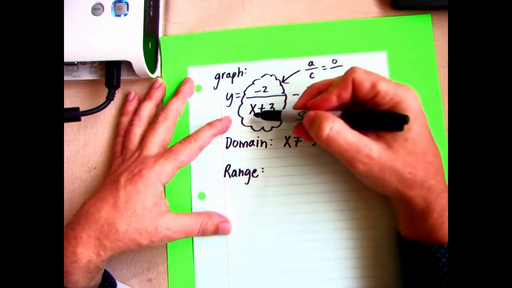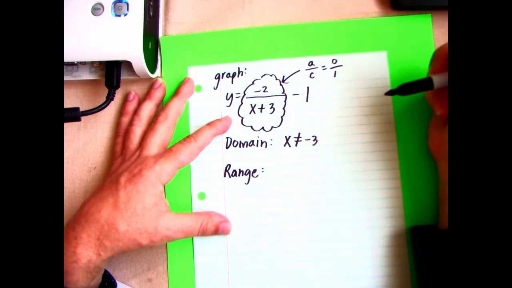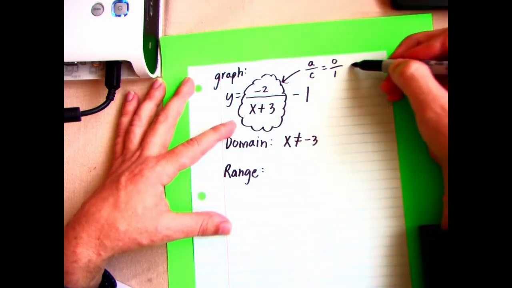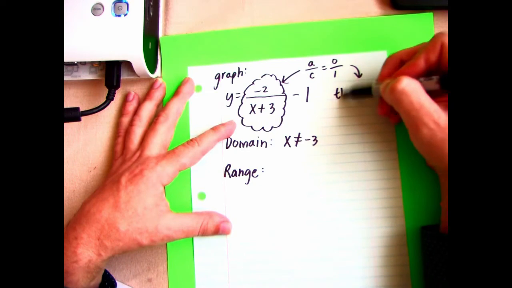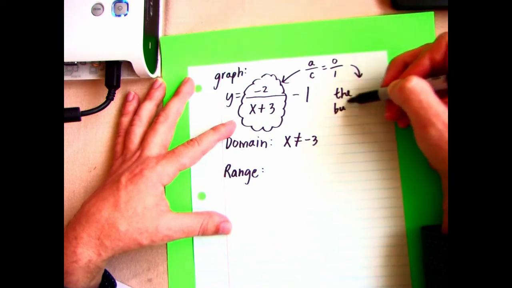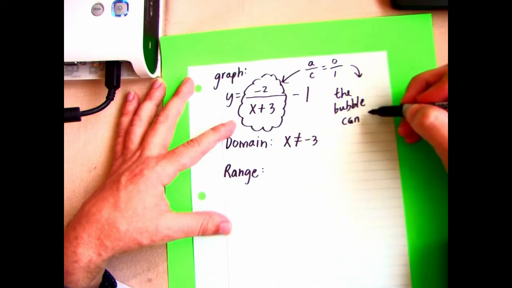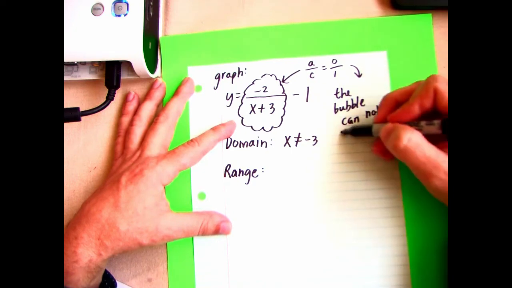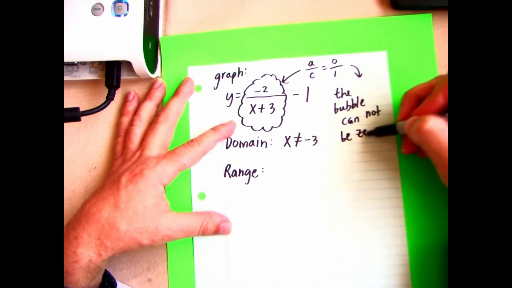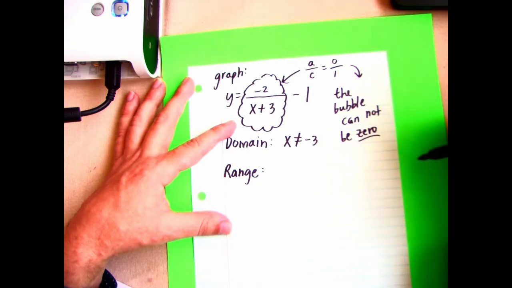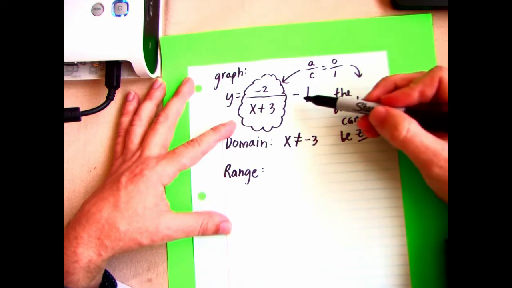In the denominator, the number in front of x is 1. So A over C is 0 over 1, which is 0. So what's inside the bubble can never be 0. But that pertains to only the bubble. What's in the bubble cannot be 0.